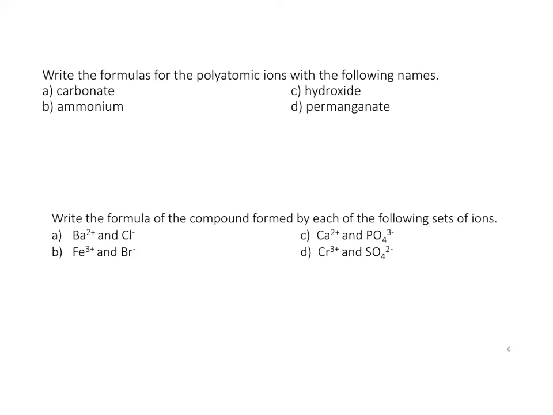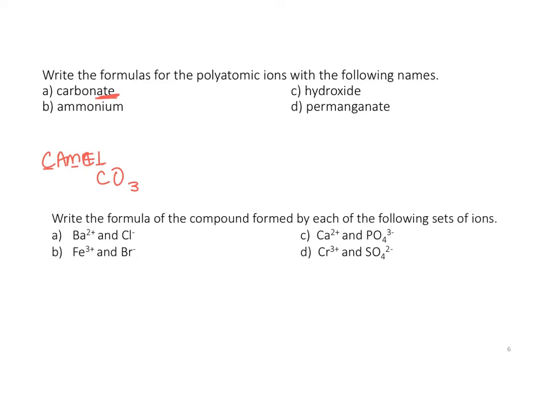Write the formulas for the polyatomic ions with the following names. So carbonate. Carbonate comes from what? Camel. Remember camel? So CO, how many oxygens? 3. Do you see the 8? Nick the camel 8.